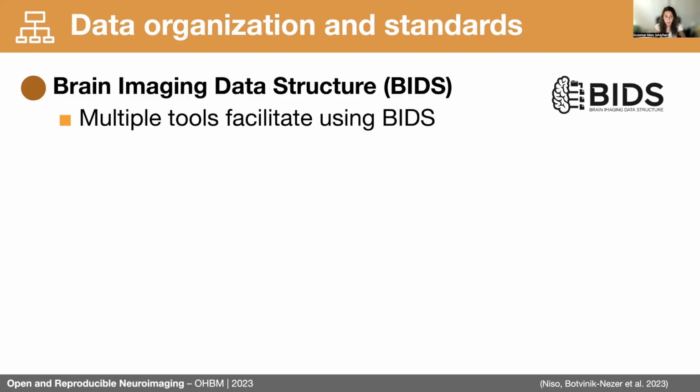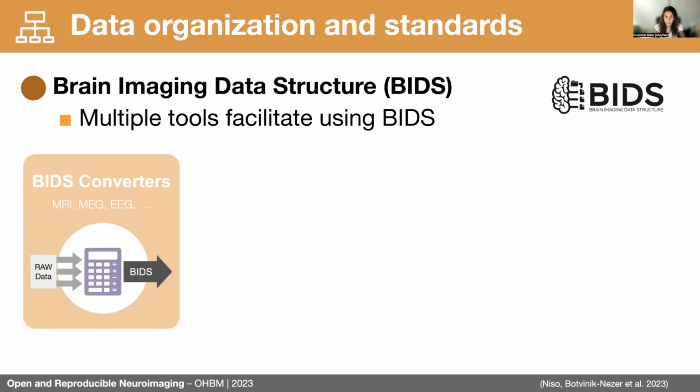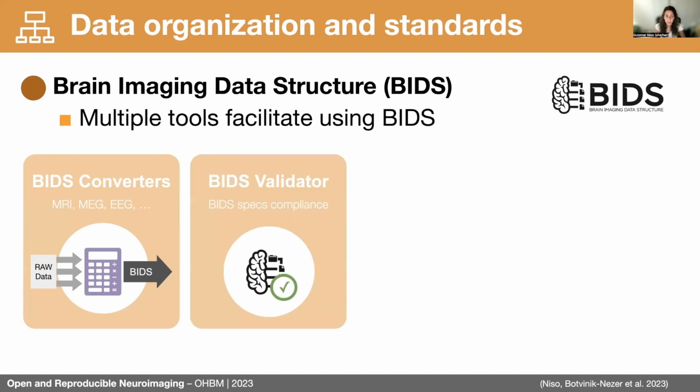There are multiple tools to facilitate the use of BIDS, starting from converters that gather the raw data and transform it into a BIDS-organized dataset, keeping all the metadata together with the data. There's also a very important tool for BIDS, which is the validator, which checks if the dataset is following the specifications.